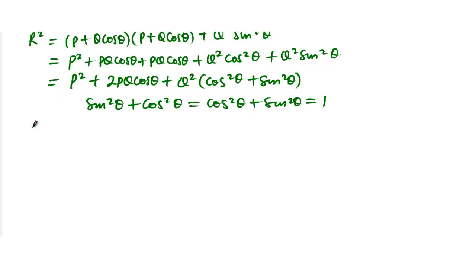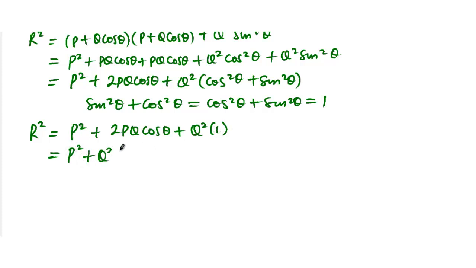So we can say that R square will now be equal to P square plus 2PQ cos theta plus Q square into bracket 1. So this one can be written as Q square times 1, that's Q square. Then we can rearrange this to be P square plus Q square plus 2PQ cos theta. So that is the value of R square.